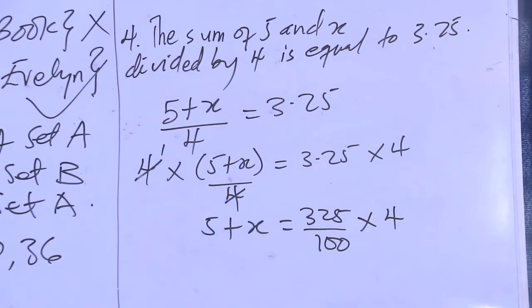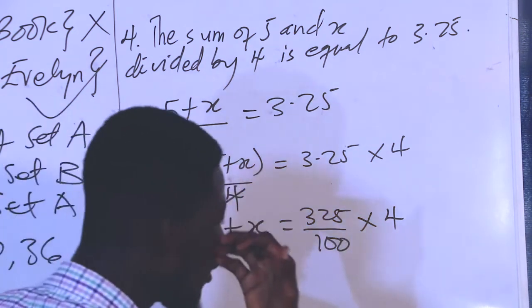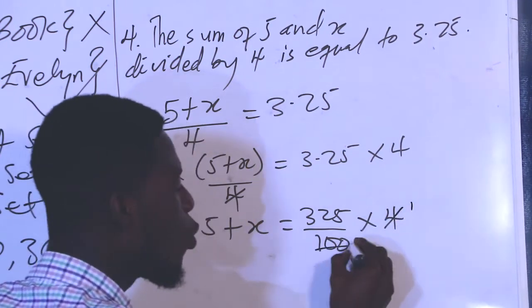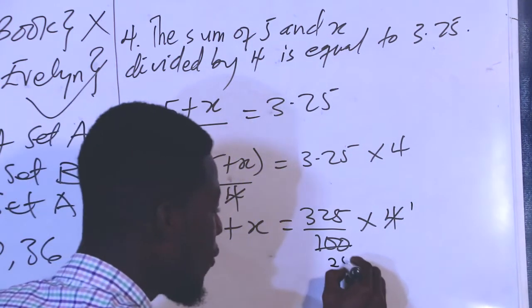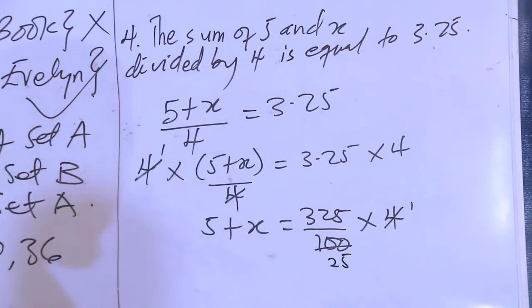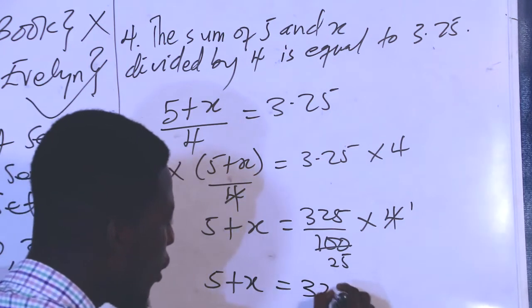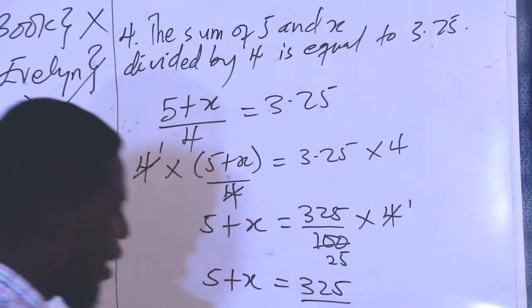This becomes easy because every student will like to work with fractions but not decimals. You understand? All right. So let's go. We just have to divide. So 4 will go into itself 1. 4 will go into 100 how many times? 25 times. So now we are left with 5 plus x equals 325 divided by 25.